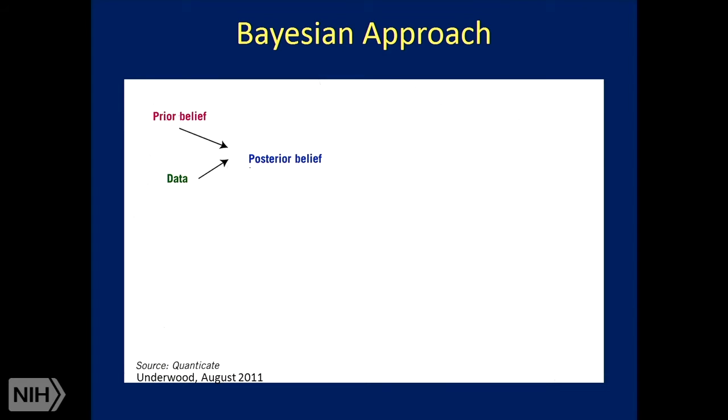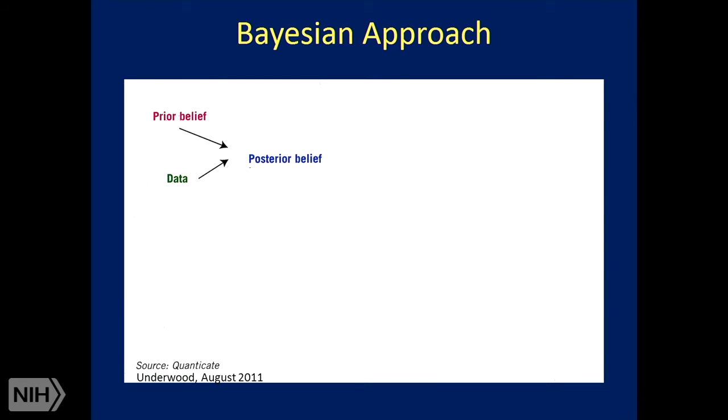And then you do the experiment and you get data. Basically what you have is a posterior belief. You're updating your belief based on the data. So you have a prior belief, you have the data, and you put the two together and update your prior belief, and we call it posterior belief. Posterior is after the experiment, and prior is before the experiment.